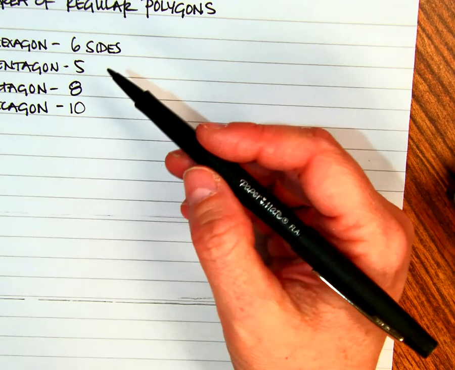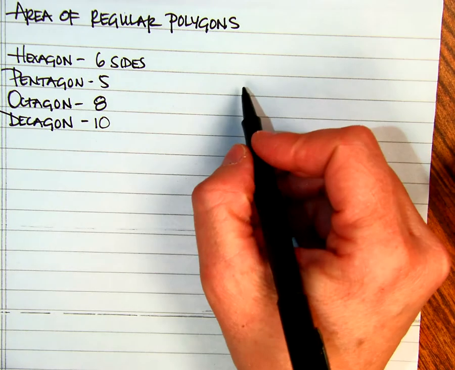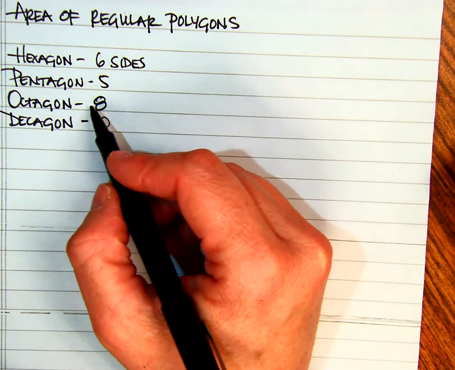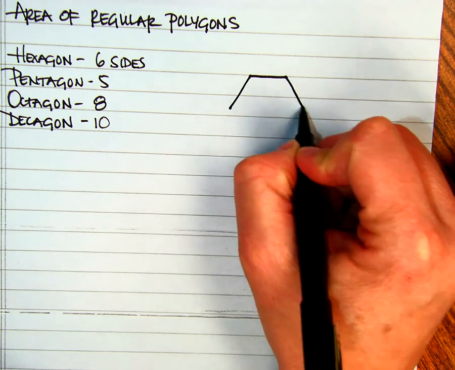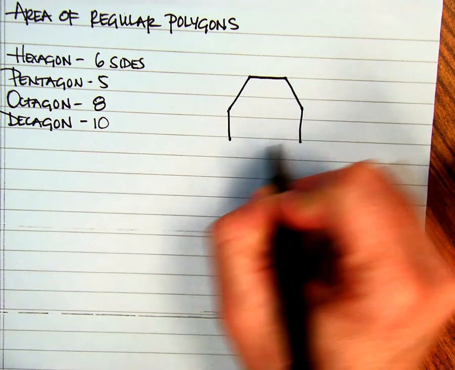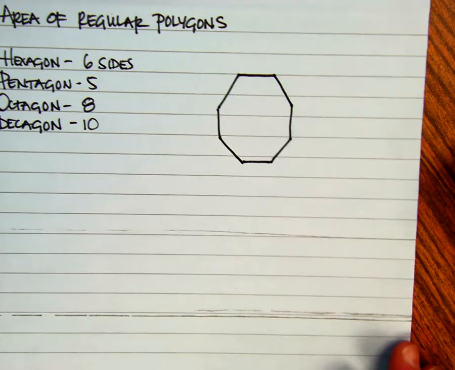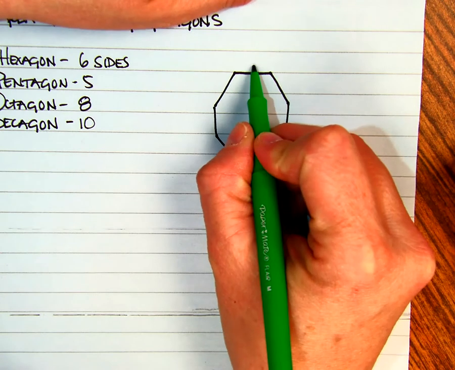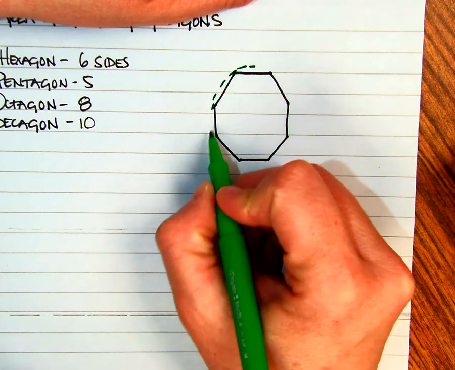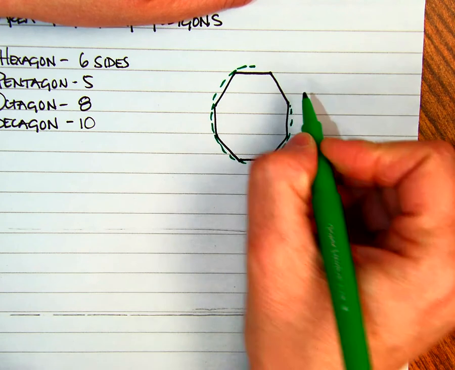When you're finding the area of regular polygons, you are envisioning, start with an octagon, for example. So if you sketch out, I'll do the best octagon I probably can. There we go. It's not very good, but it'll work. What you are doing is envisioning that this octagon is inscribed in a circle.